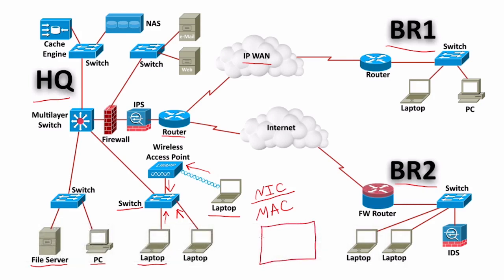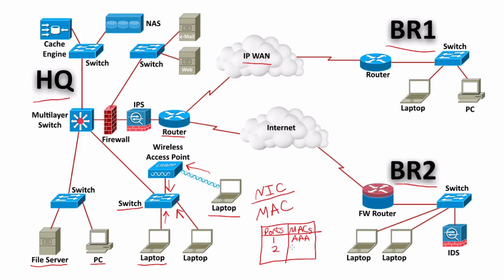It might have a list of ports and a list of MAC addresses that live off of each of those ports. Let's say that port 1 goes to a MAC address of all A's. By the way, MAC addresses are 48-bit addresses, and I'm not going to take the time to write out a 48-bit address. I'm just going to abbreviate that.